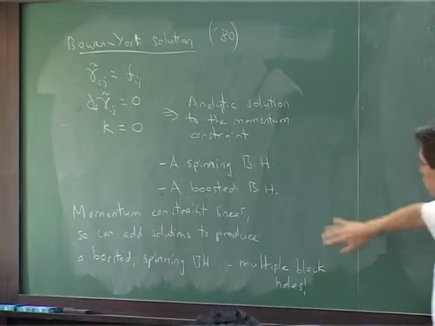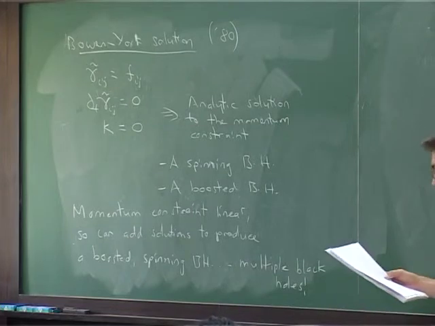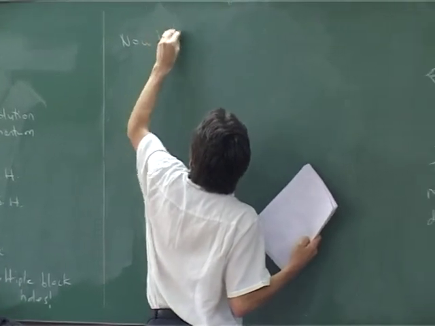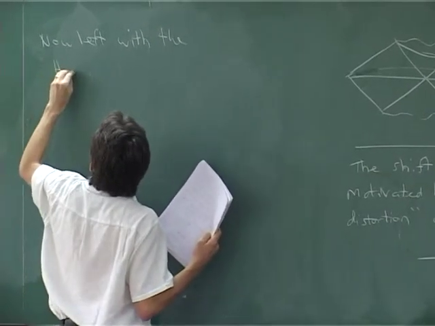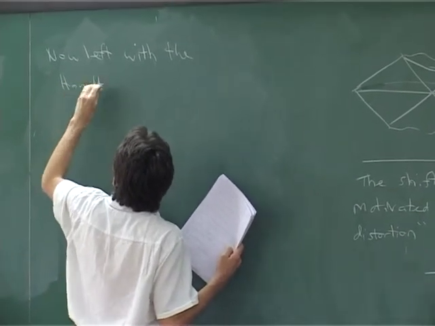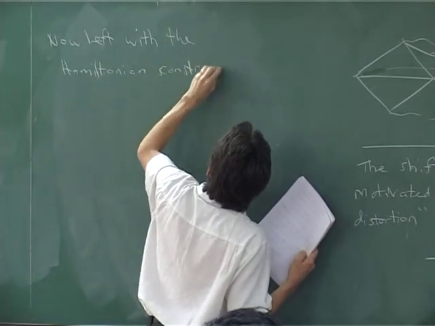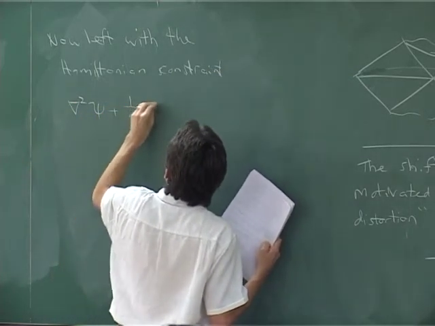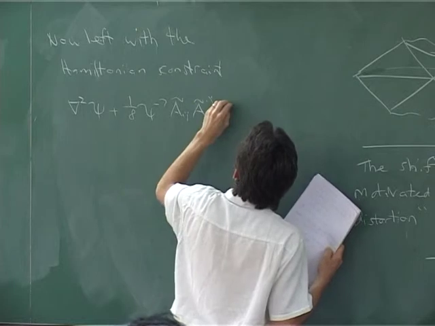Okay, so we have a solution to the momentum constraint that's analytic, and we're now left with the Hamiltonian constraint. And so, as usual, we end up with our favorite elliptic equation. Right?